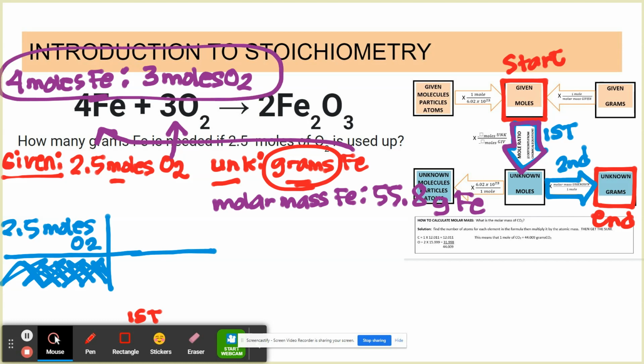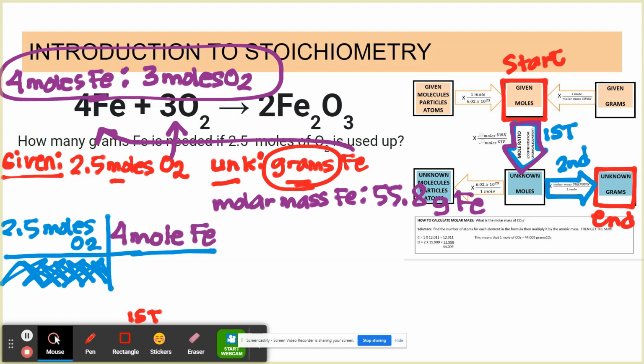Okay. So we need to figure out which one goes on the top and which one goes at the bottom. So again, don't forget, guys, the one with the unknown formula always goes on the top. The one with the given formula always goes at the bottom. Since Fe is our unknown, our 4 moles of Fe has to go on the top. All right, you got it.